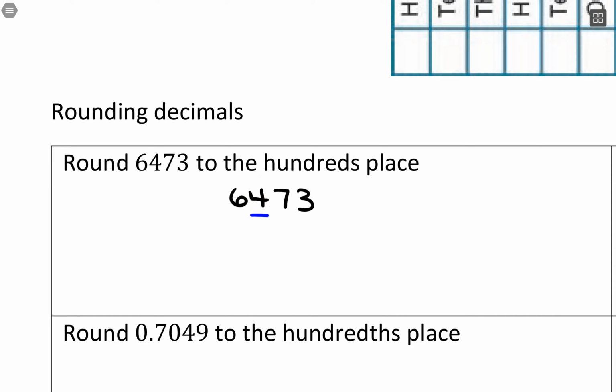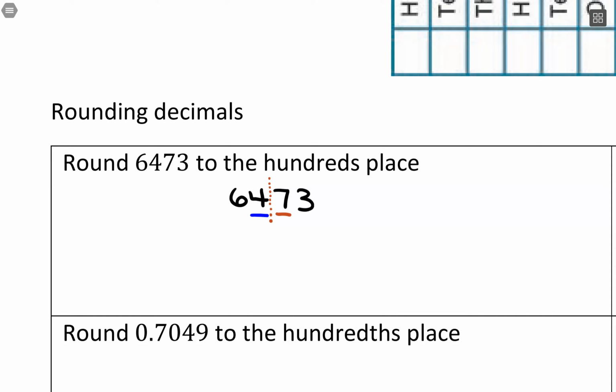Now, to determine whether or not we round up or down, we look at the number next to it. Something I like to do is imagine a line here. I have this line here, and I'm rounding that 4. To determine how I round that 4, I'm looking at the value on the other side, in this case 7.